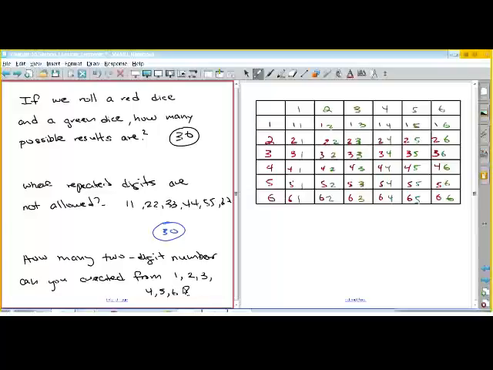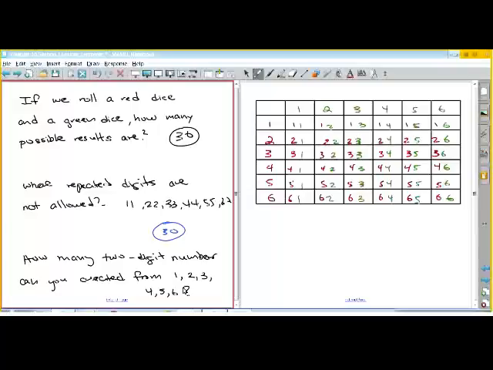Question mark. So sometimes they give you problems that are asking about the number of possible 2-digit or 3-digit numbers that you can do, given not 0 to 9, but 1 to 6, 1 to 4, whatever. And again, you can do that.